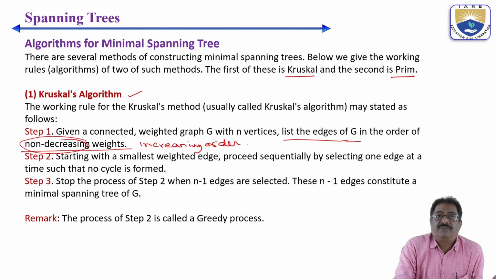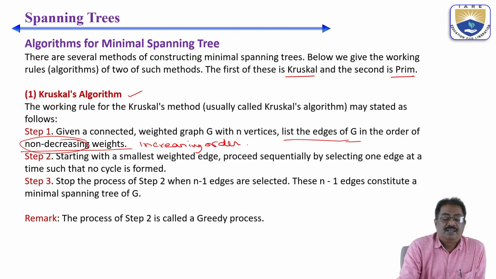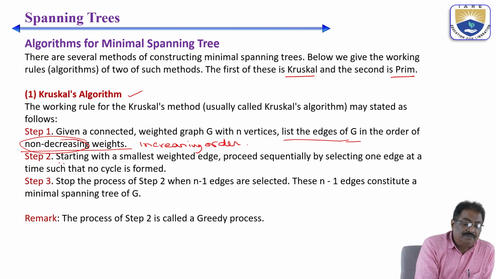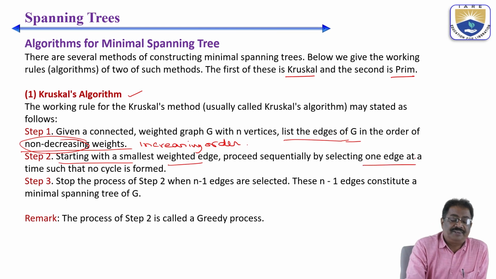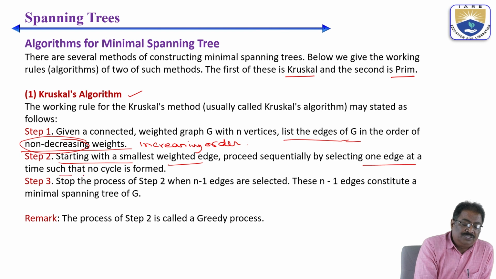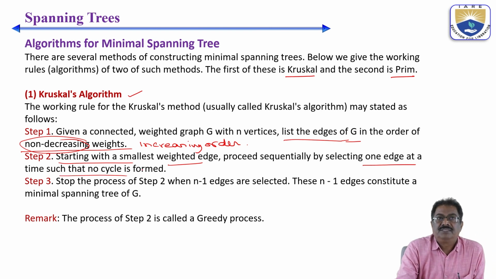Why are the weights first arranged in increasing order? Because we have to select the smallest weighted edge, and next we select the next higher weight. Like that we select the edges. While selecting the edges, we must see that there is no cycle.